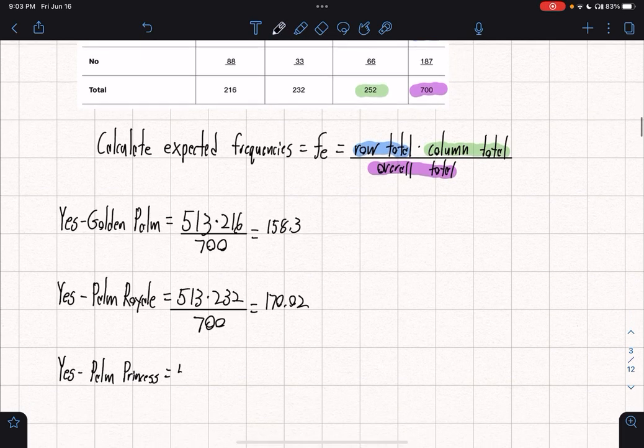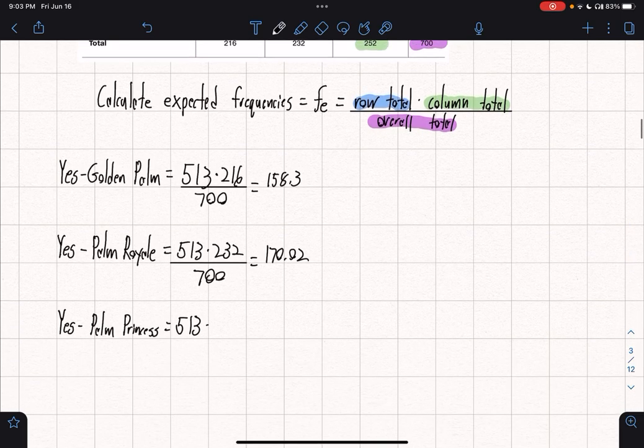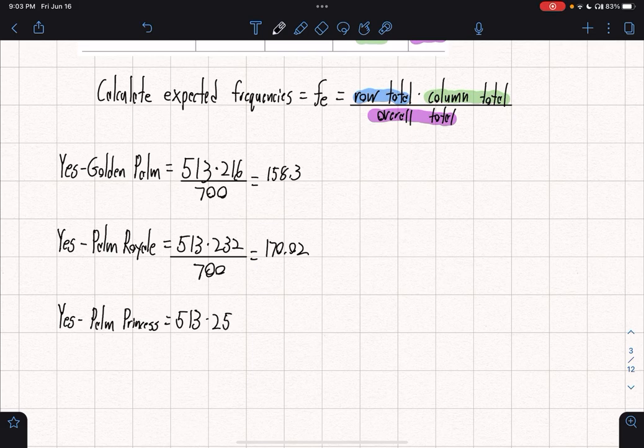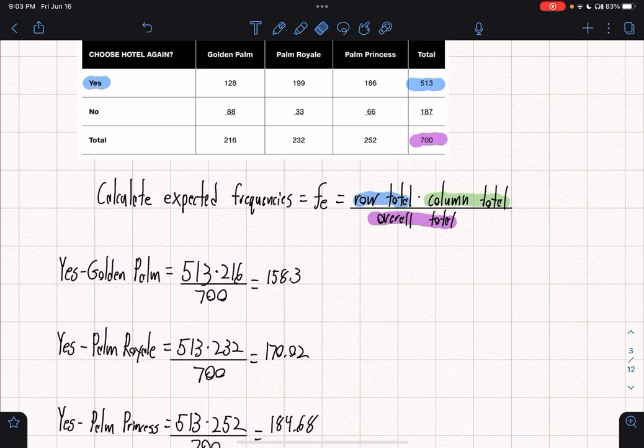So 513 times our new column total of 252 in green. And our overall total is always going to be 700. And I get 184.68. Okay, so we've taken care of our yes row. Now we need to take care of our no row.